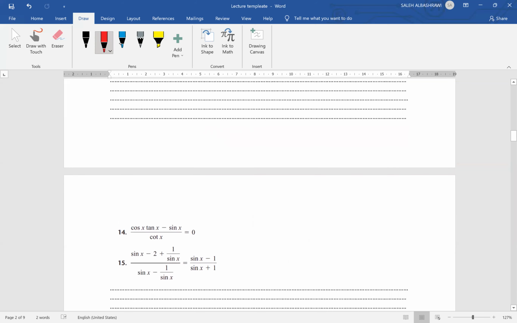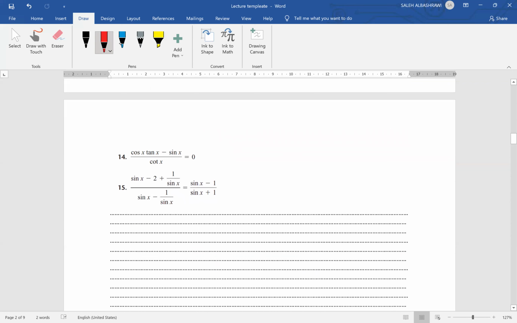Take more examples. Suppose that we have this for question number 14, cosine x tangent x minus sine x over cotangent x, and we need to verify this is equal to 0. So the left-hand side for question number 14. We have cosine x multiplied by tangent.